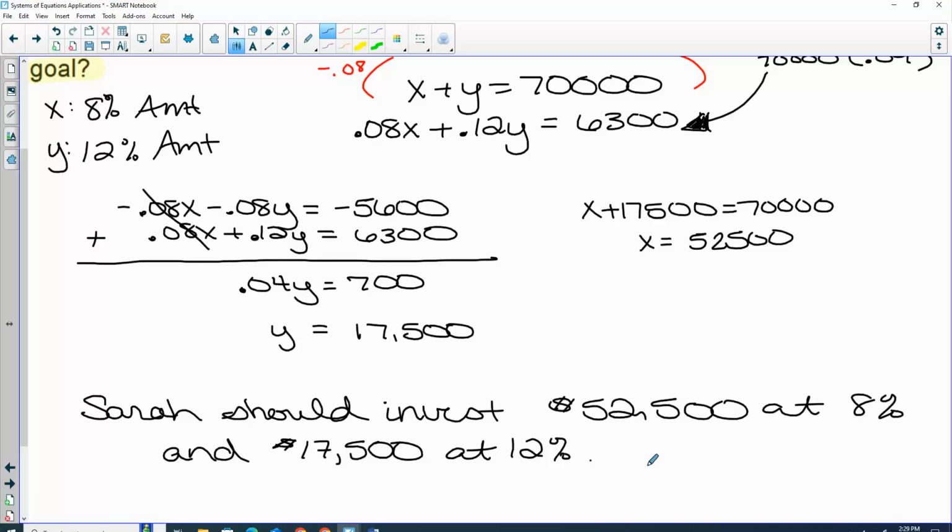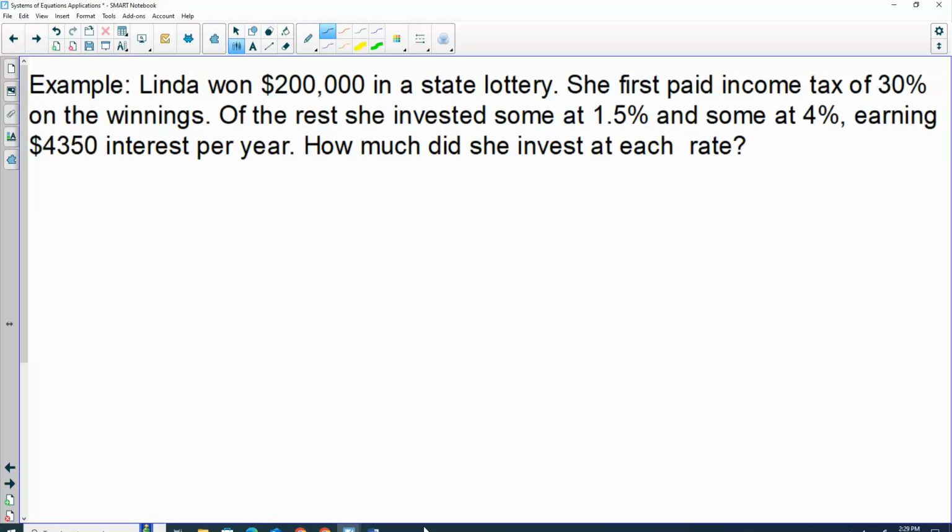Do we need another interest problem? Let's do one more. Linda won $200,000 in a state lottery.